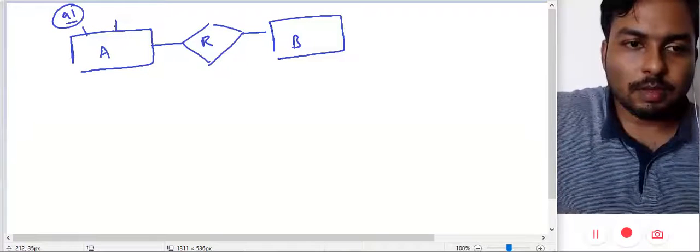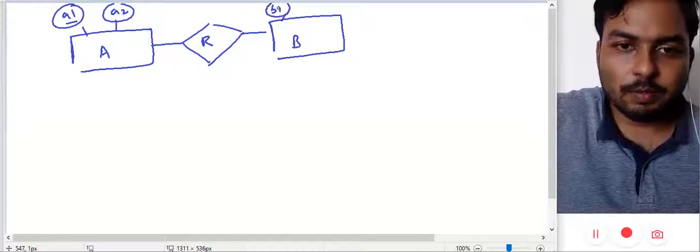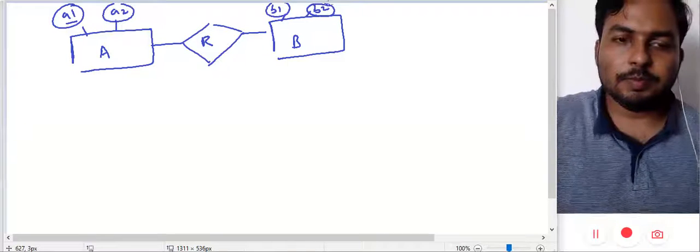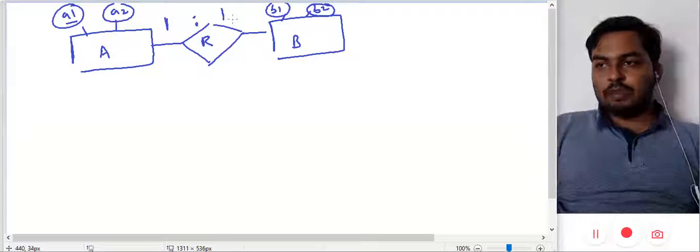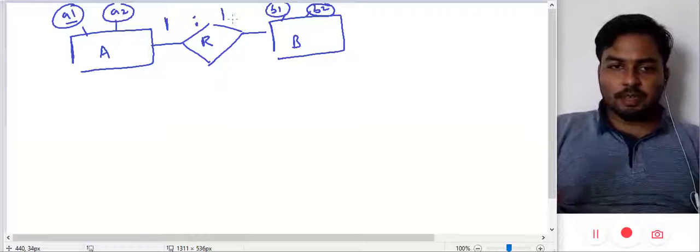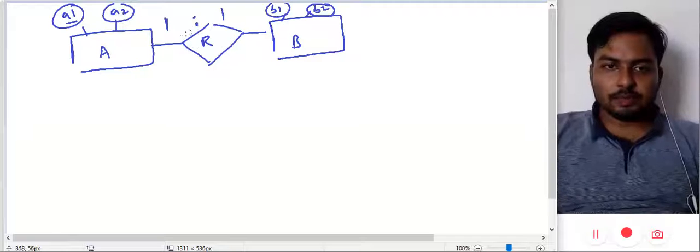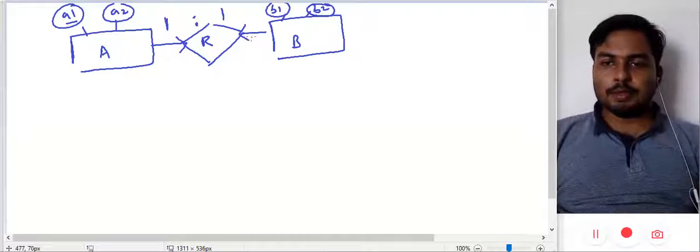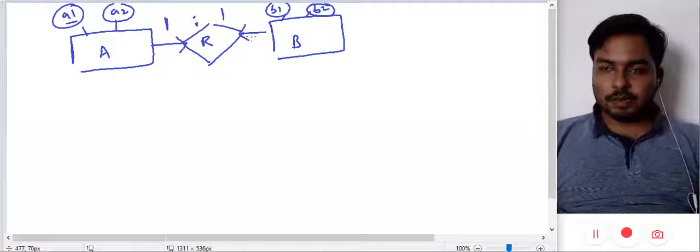A1, A2 are the attributes of relation A, and B1, B2 are attributes of relation B. This time you have a 1-to-1 relationship. How will you identify it? They will either give you 1:1, or they will give you 2 arrows. If they give you 2 arrows, understand that it's a 1:1 relation.